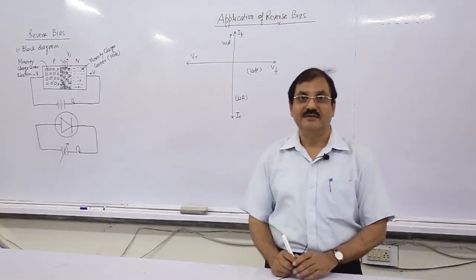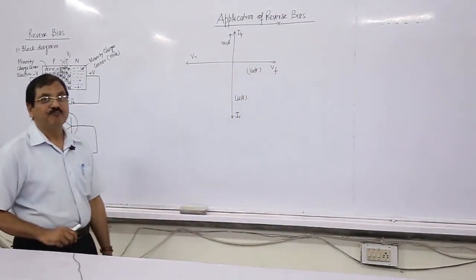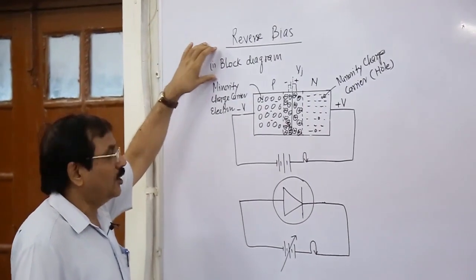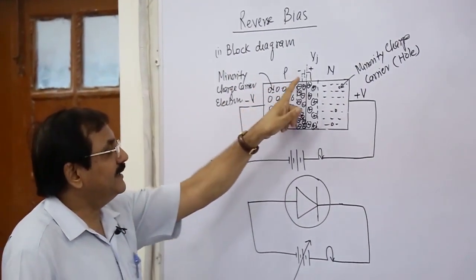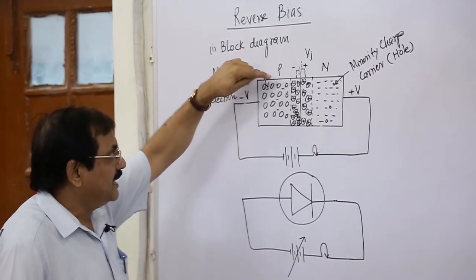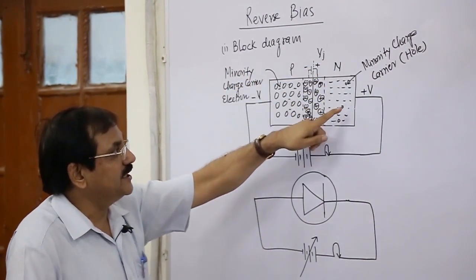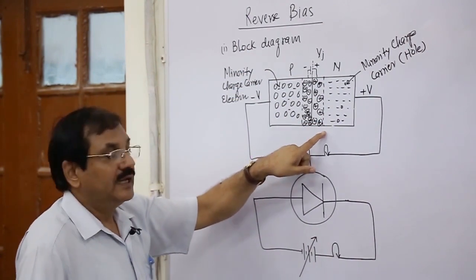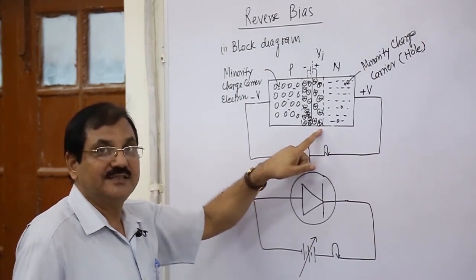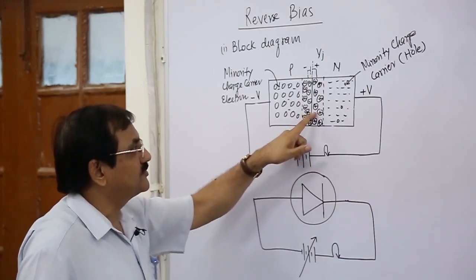This can again be shown in the block diagram of the reverse bias. In this reverse bias block diagram, we see this is the simple diode. Here it is p type having majority charge carriers holes, and n type the majority charge carriers are electrons. Across the junction, due to the density difference of charge carriers, there is diffusion of charge carriers.